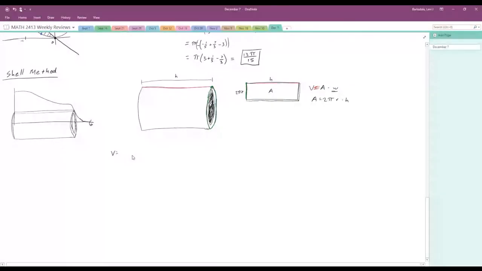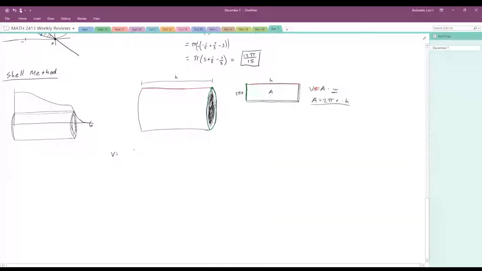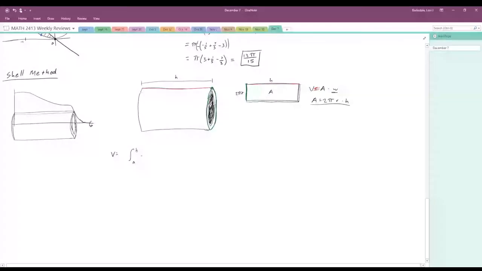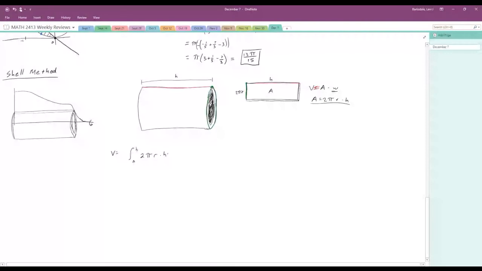In this case, we would be integrating the area of this rectangle that we found to approximate the volume of our cylinder. So our volume would be the integral from some starting point to some ending point again of our area of a single rectangle.